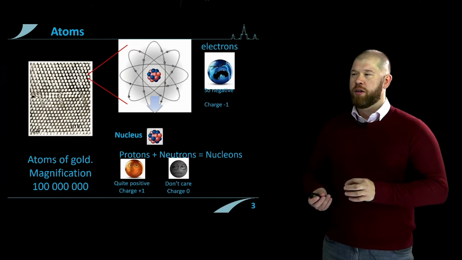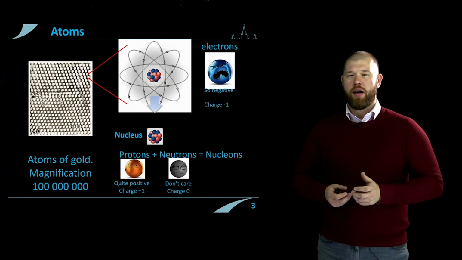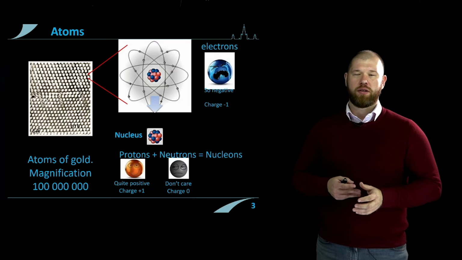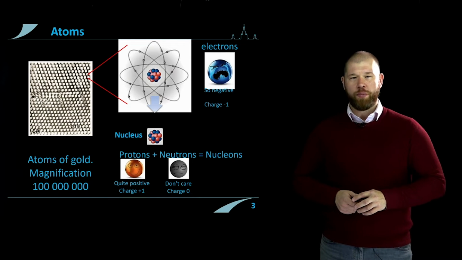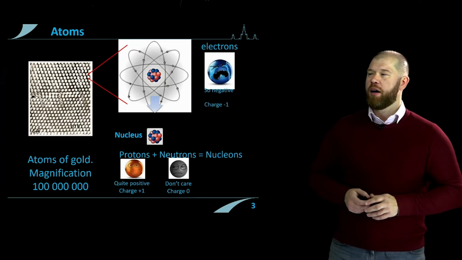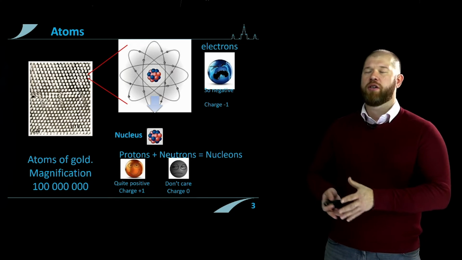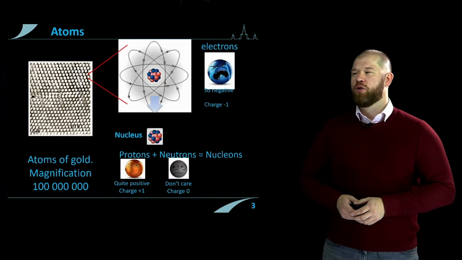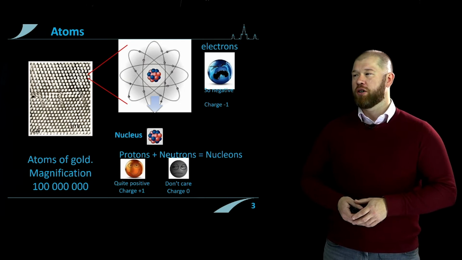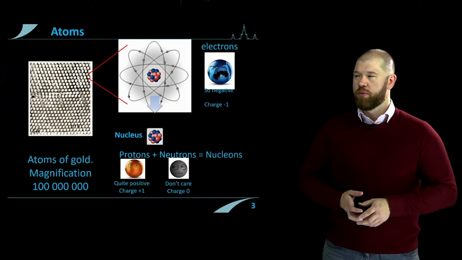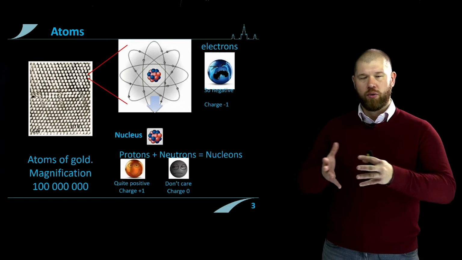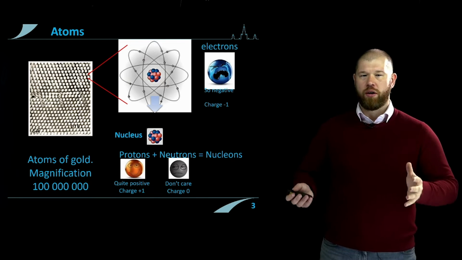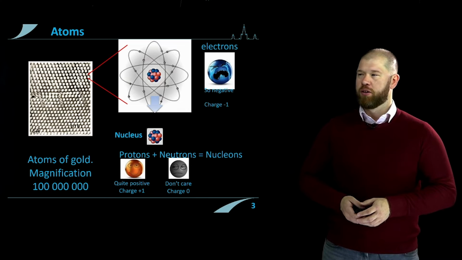Protons and neutrons have a mass of around 1 atomic mass unit, and proton has charge +1, and neutrons don't have any charge. So around the nucleus there are electronic shells filled with electrons.